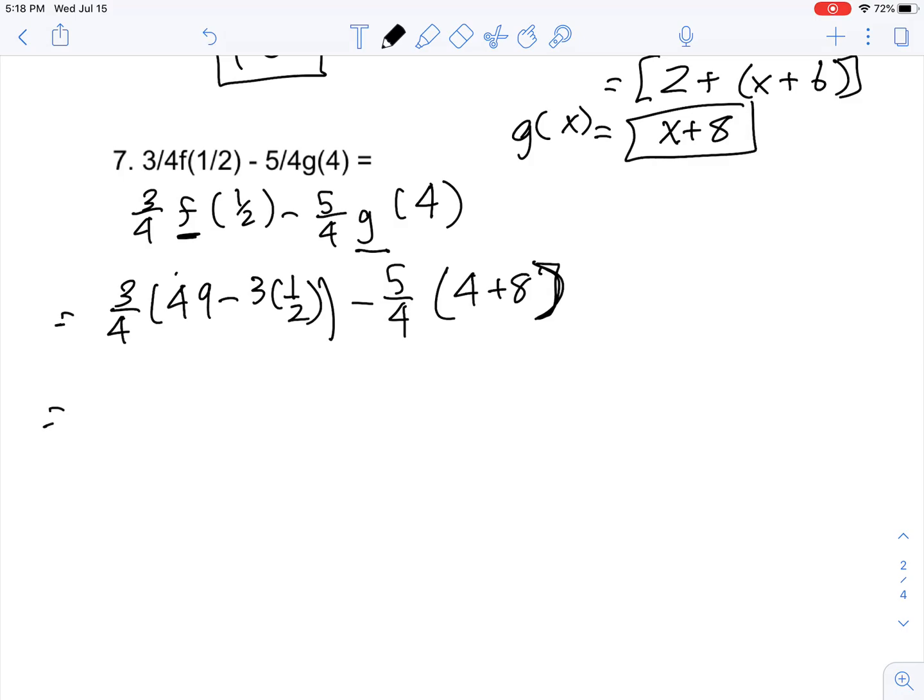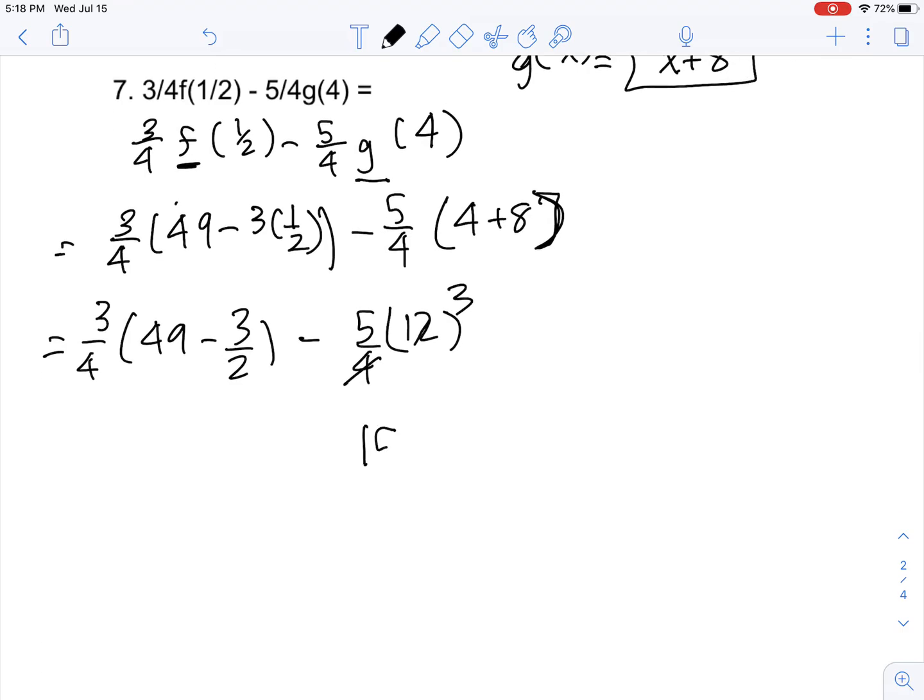Now we can just calculate the answers. 49 minus 3 halves minus 5 fourths, 12 times 12. So you can simplify. That'll give you 15.